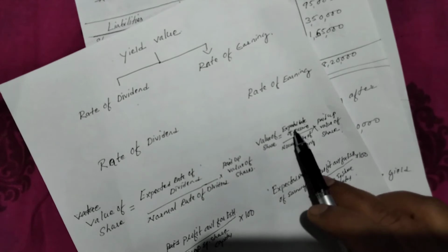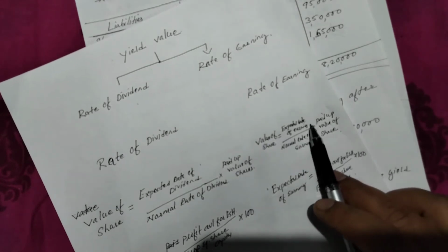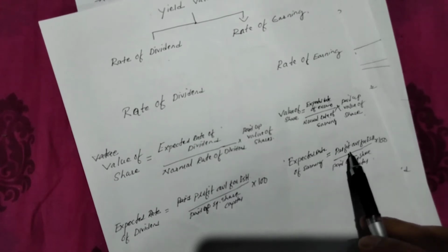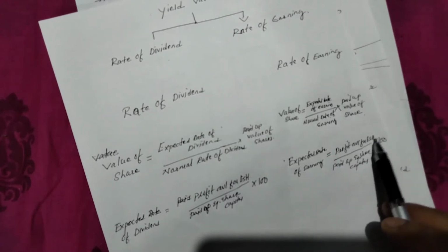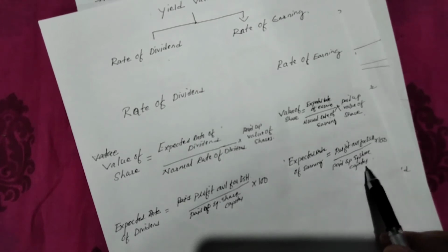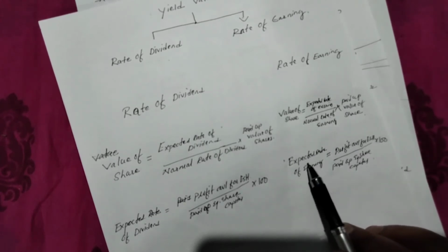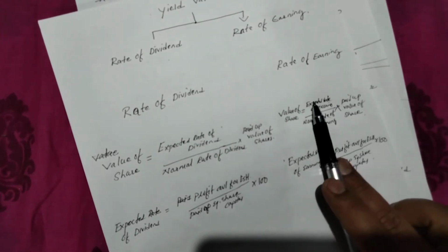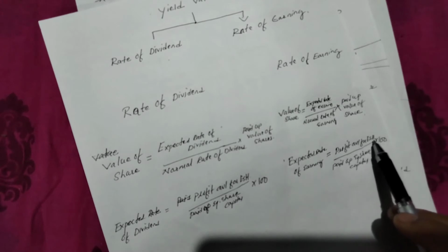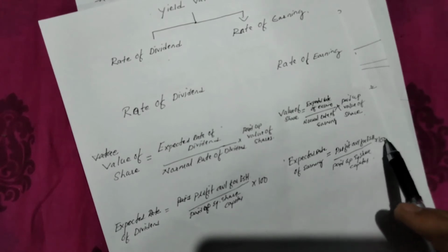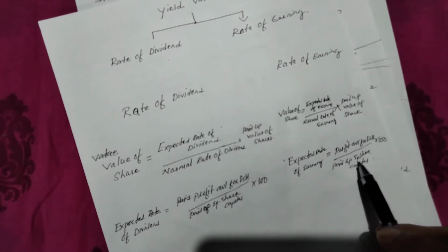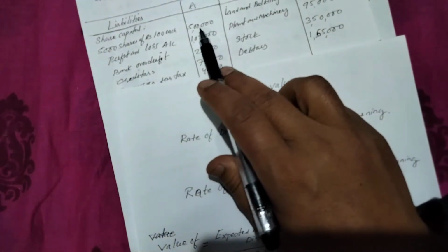Now what you require is the expected rate of earning. The formula is profit available for equity shareholders into 100 divided by paid up equity share capital. The paid up equity share capital is given, this 5 lakh.